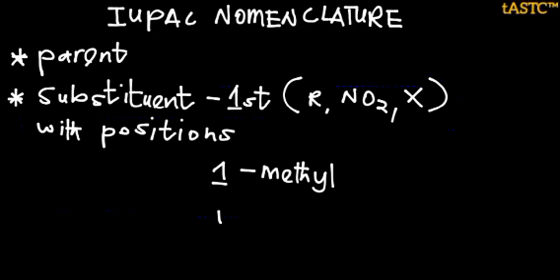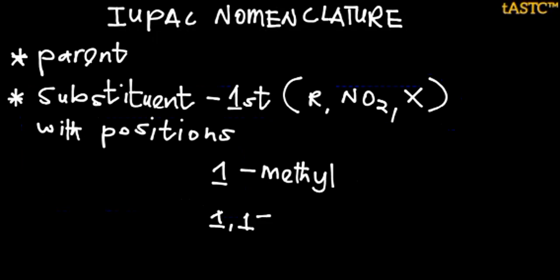If we have 1,1, then this is representative of 2 substituents on the same position, just that you have more than one alkyl group or substituent present on position 1. If this represents one type of alkyl group or substituent present on the first position, then you need to write the position twice, 1,1, representing the fact that there are 2 of those substituents present on the first position of the parent chain.